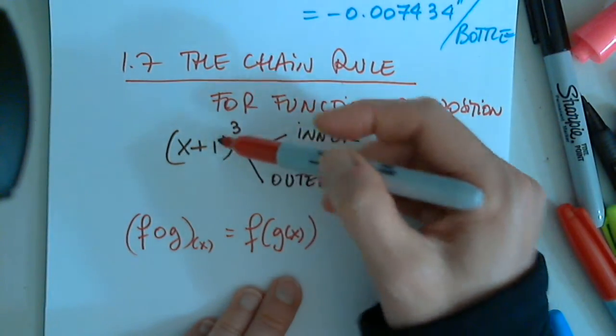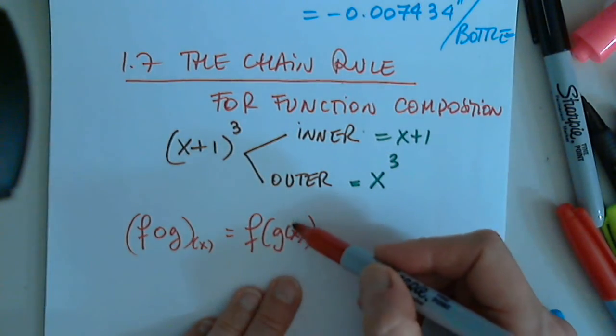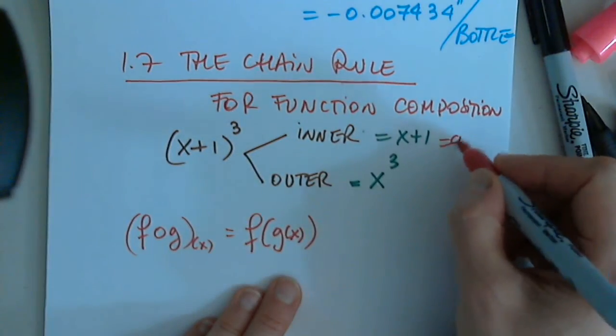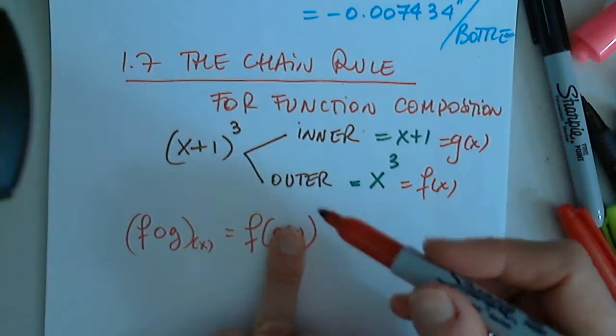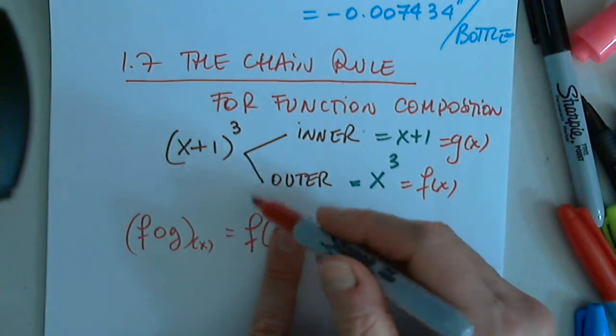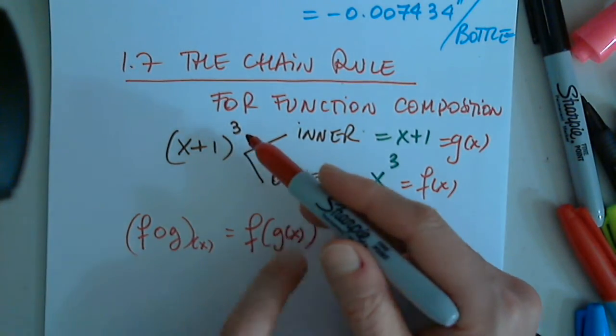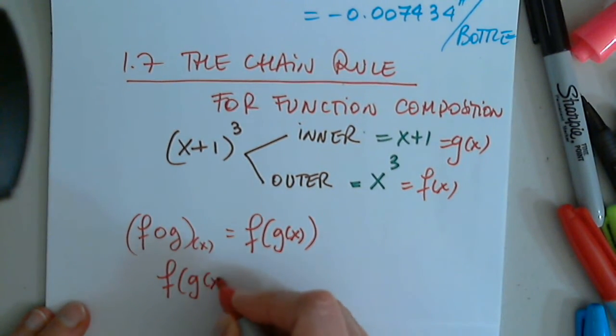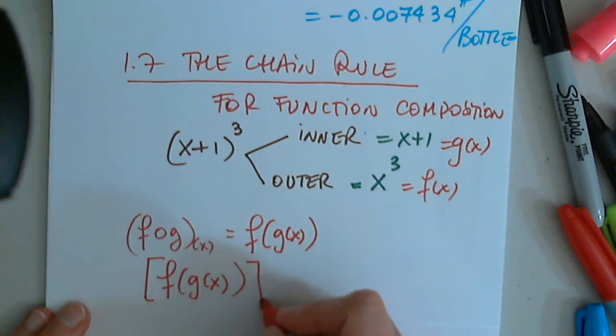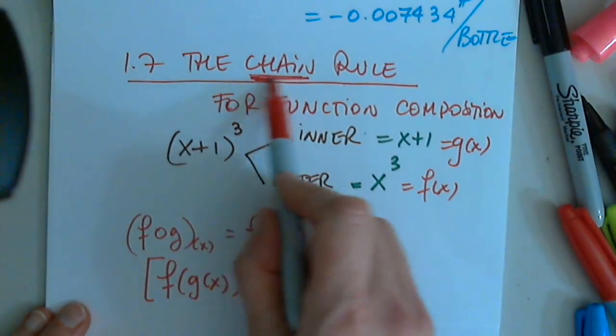This is the x plus 1, the inner function, g of x. And this is f, the function that is applied last, which is power 3. Now the question is, how do I differentiate something like this? And that is the chain rule.